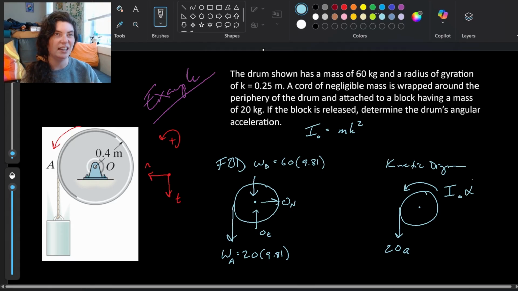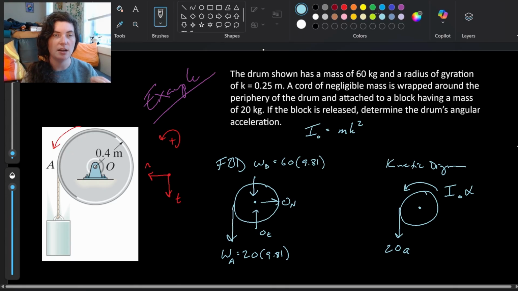Don't forget, in all of these rotation problems, you should have either an IG times alpha or an IO times alpha. Here we're rotating about this fixed axis, so I have this IO times alpha. This is the way that my angular acceleration is spinning around this drum.